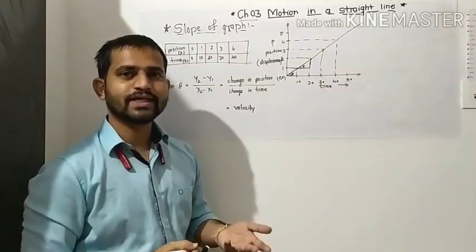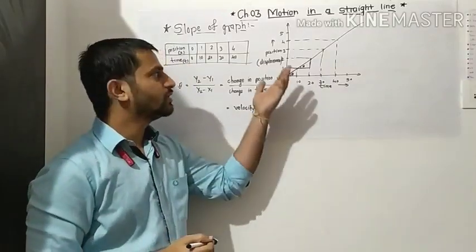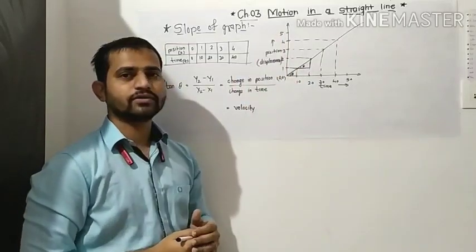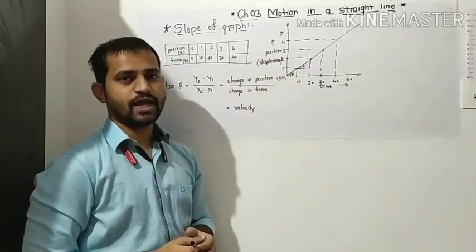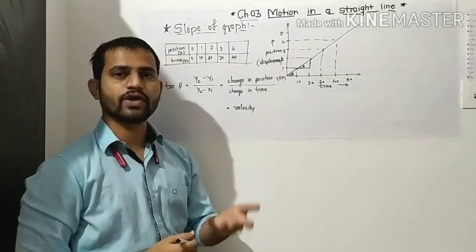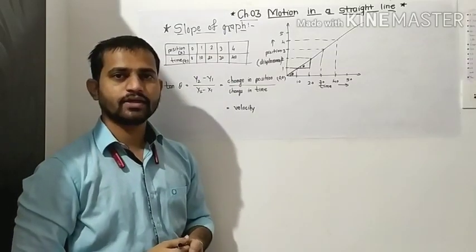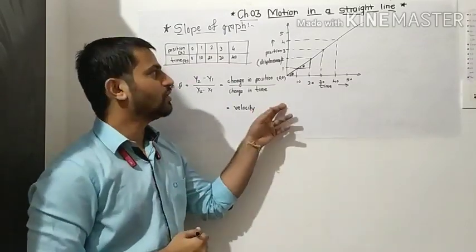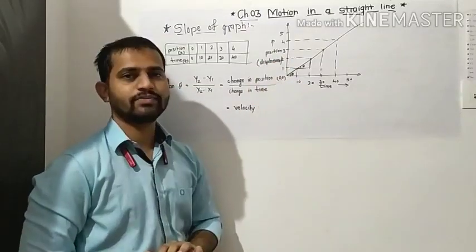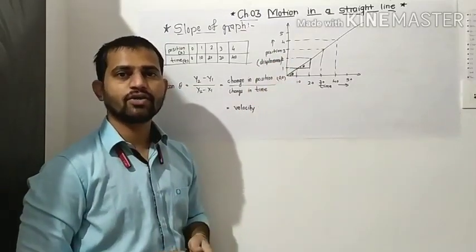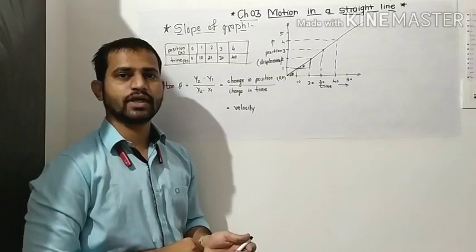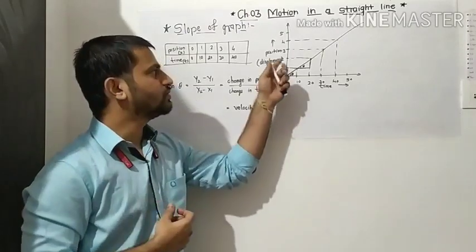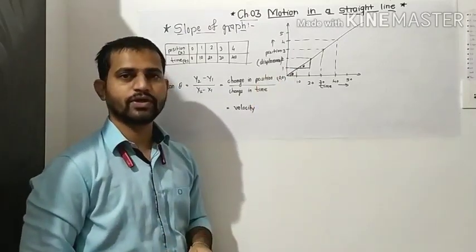So we can say here that the slope of the graph, position versus the time, gives us the velocity of that particular time.